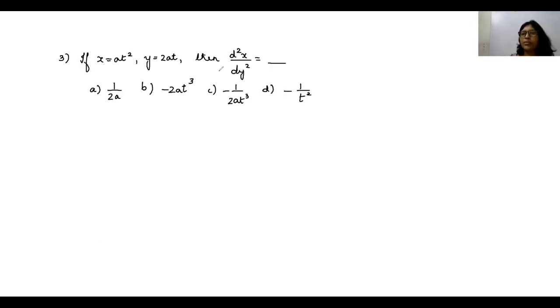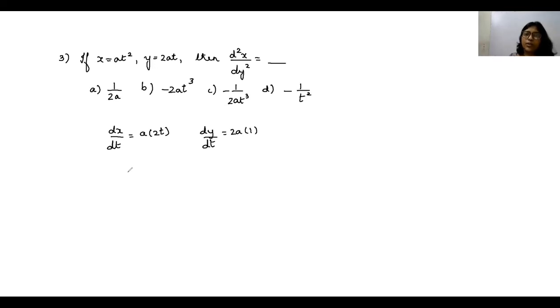Now we have a parametric equation, and we want to find d square x by dy square. So first differentiate with respect to t. a as it is, derivative of t square, 2a as it is, derivative of t for y.